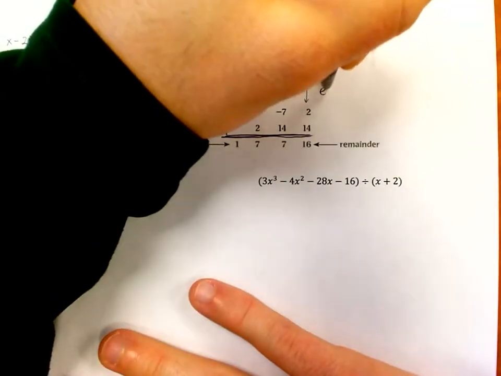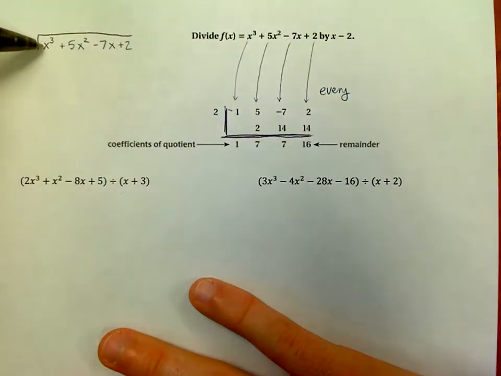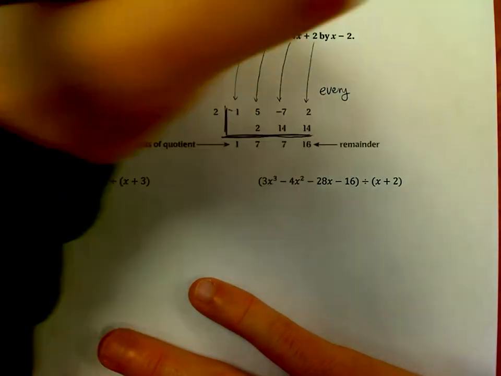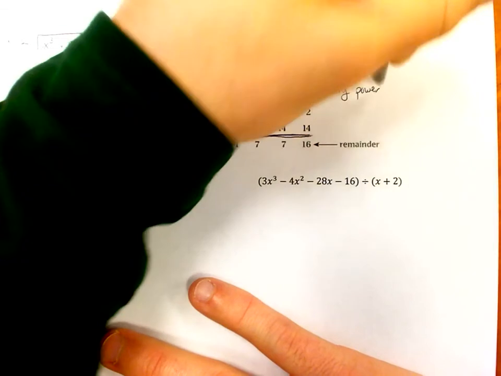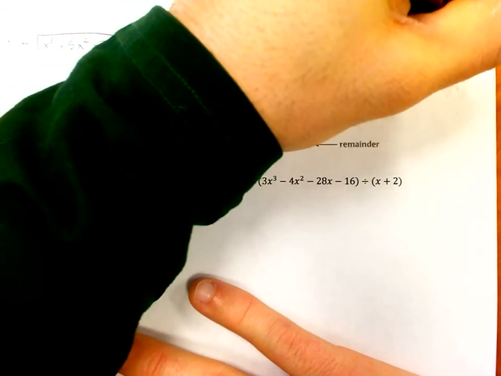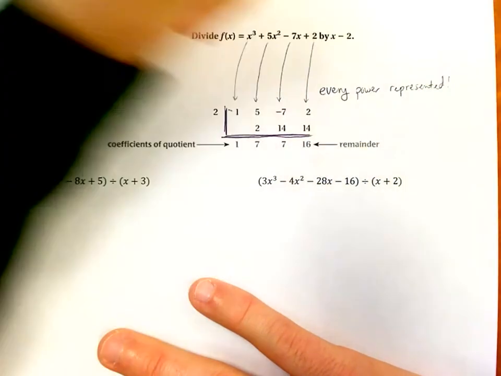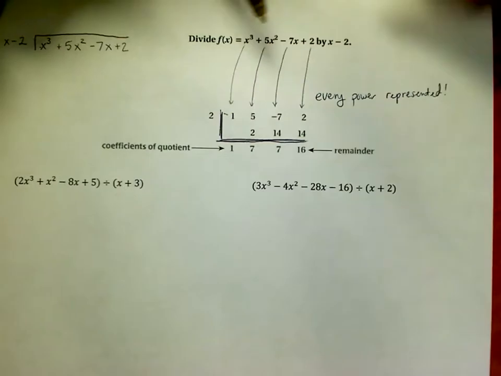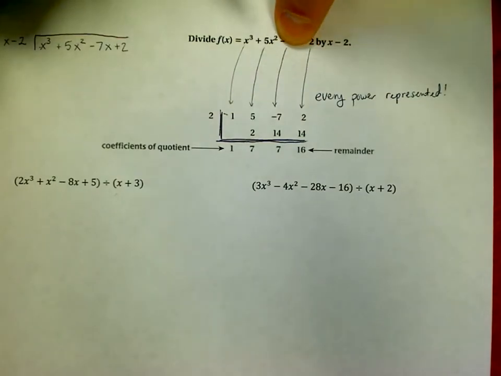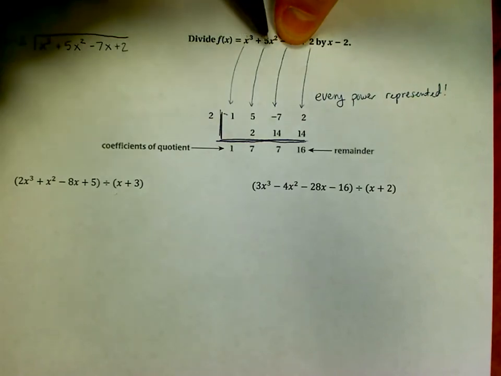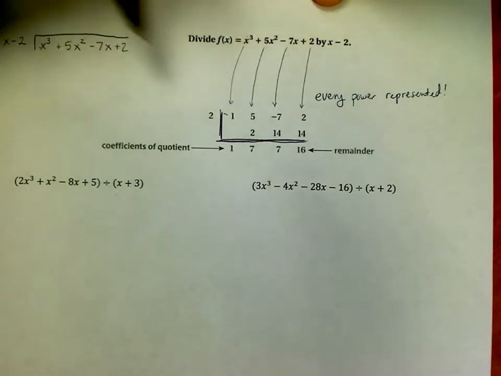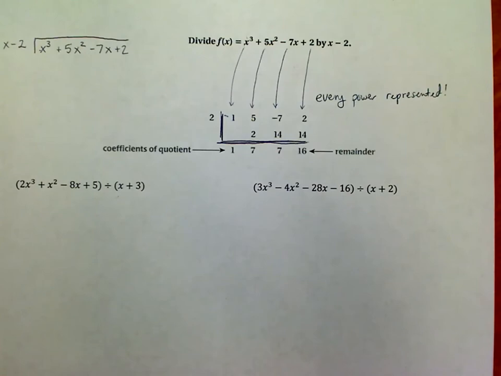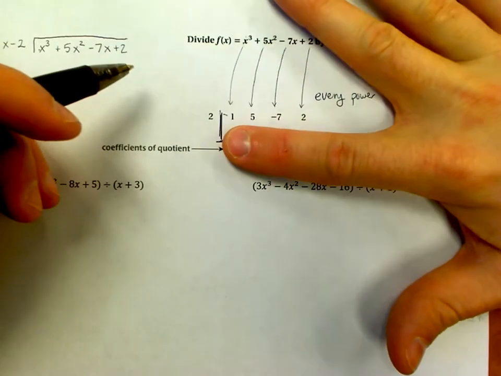Notice every power, just like in long division, every power of x has to be represented. Okay, so if I ever skip over a power, let's say it's just this, without the 7x, then you would have to have 1, 5, 0, 2. Okay, every power represented. So that's what we have so far.